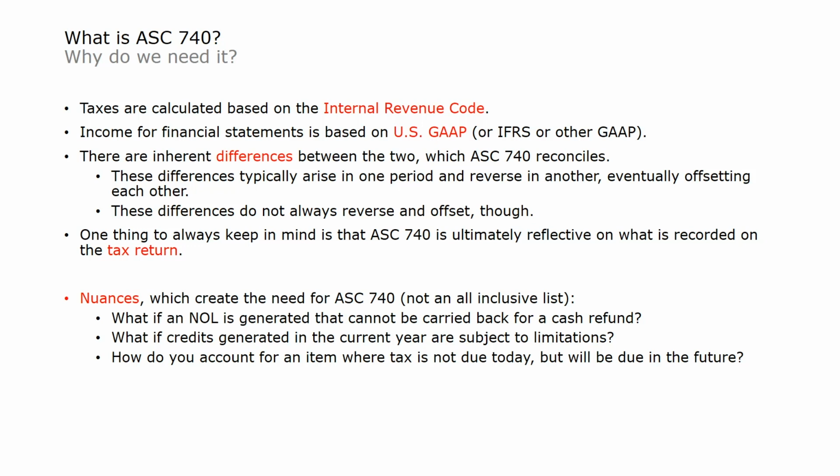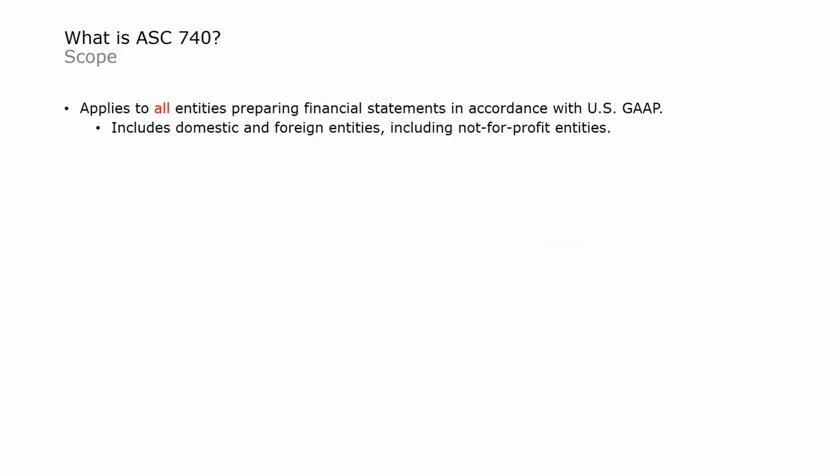Okay, so now that we have talked about what ASC 740 is, why we need it, let's talk a little bit about scope. So scope is essentially what falls under the jurisdiction of ASC 740. This topic applies to all entities preparing financial statements in accordance with US GAAP. This is going to include domestic and foreign entities, including not-for-profit entities.